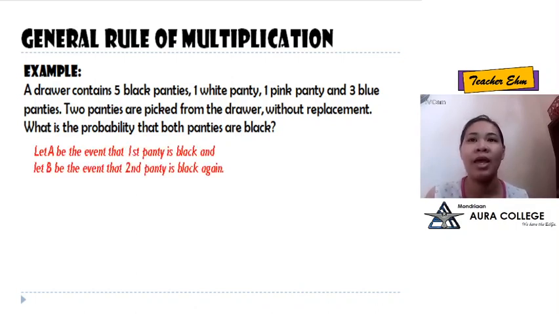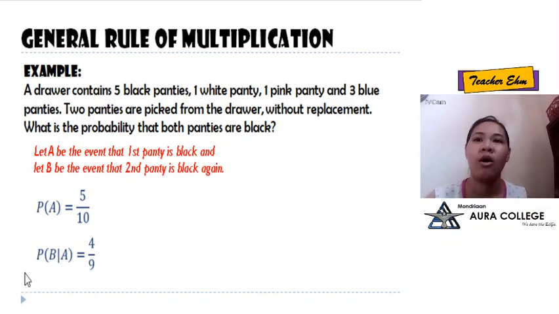Let A be the event that the first panty is black, and let B be the event that the second panty is black again. So probability of A is equal to 5 over 10. 5 dahil meron tayong 5 black panties. 10 dahil kung ito-total natin sila, 5 plus 1 plus 1 plus 3 is equal to 10.